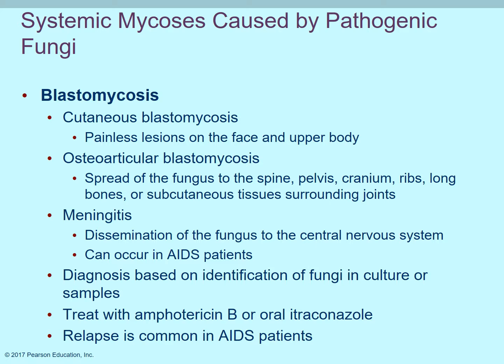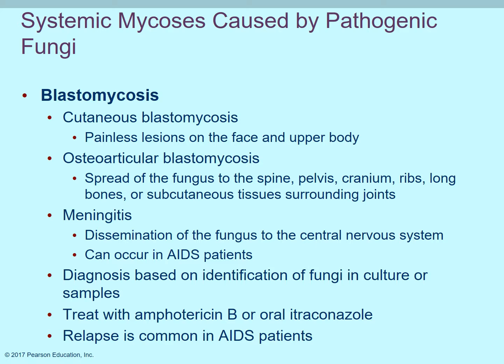Sometimes blastomycosis, if we have what we call cutaneous, you end up with lesions on the face or the upper body. If it's osteoarticular blastomycosis, this is where, as the name implies, the fungus tends to spread and infect some of the bones, especially around joints.